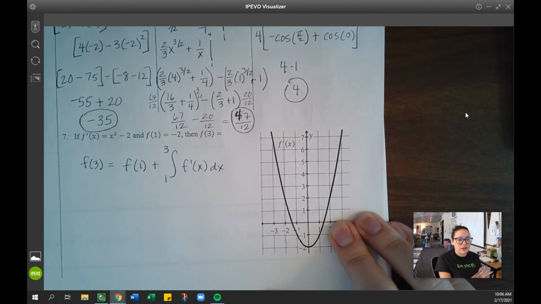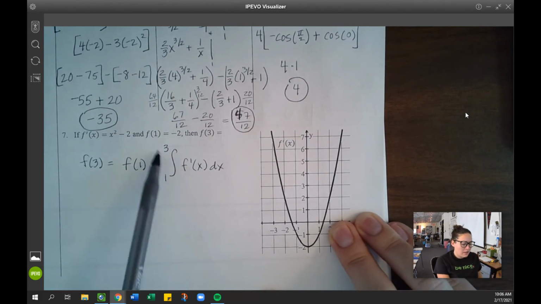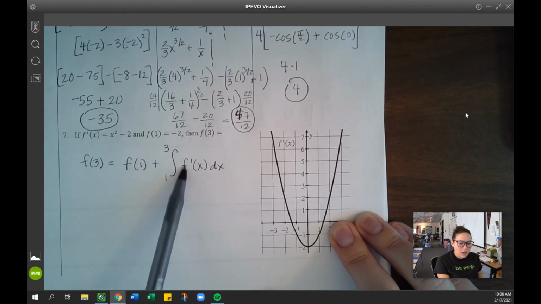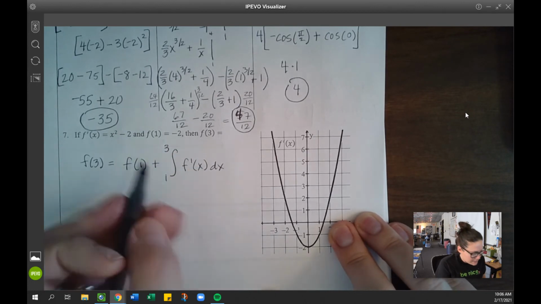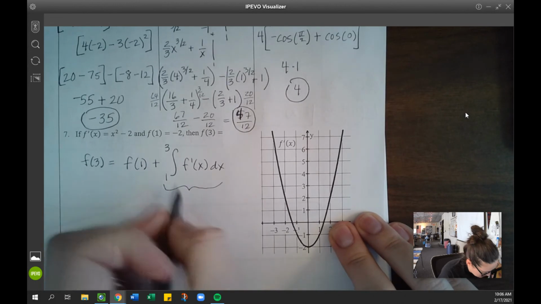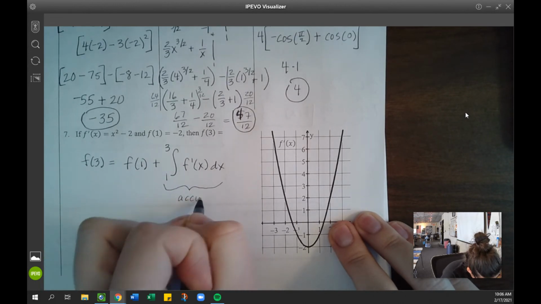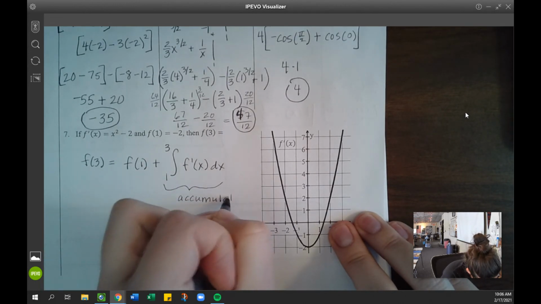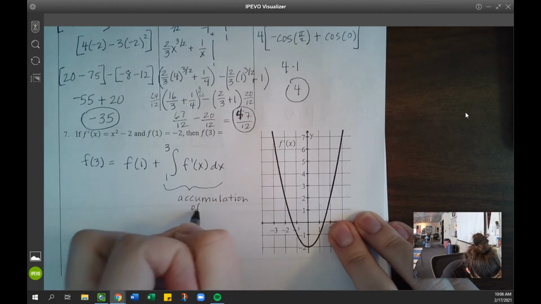All right, so let's digest what this means here. The integral of the derivative is an accumulation of change.